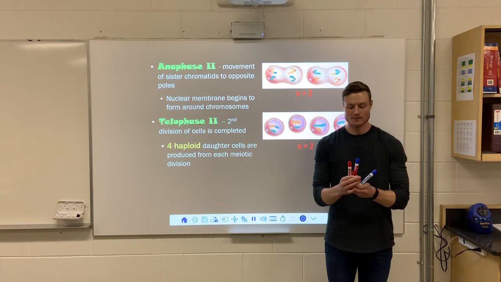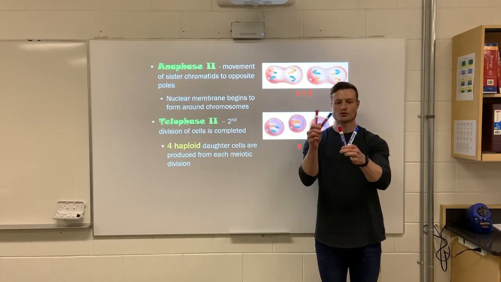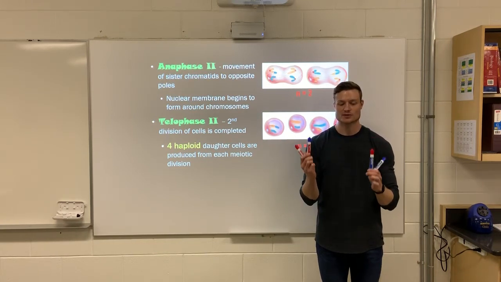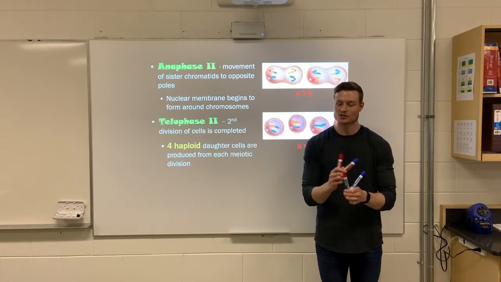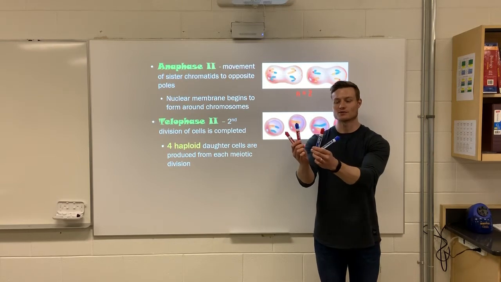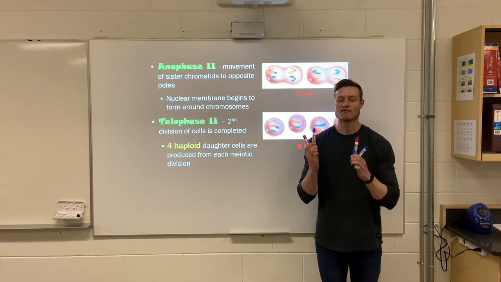So at the end of the day, we end up with 4 cells, right? Cell 1, 2, 3, and 4. Each cell contains 23 chromosomes, so they're haploid cells. They're single-stranded, so they're not double-stranded chromosomes. And look, all 4 cells are different, right? All 4 of these markers are different. They contain a variation.